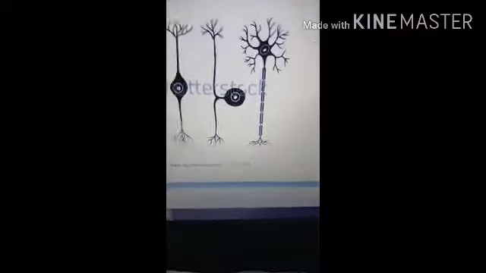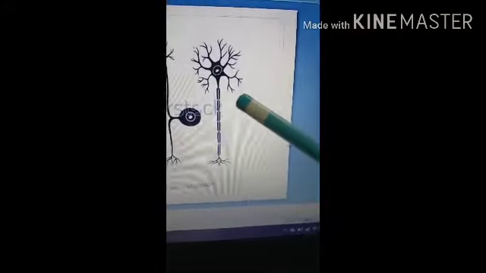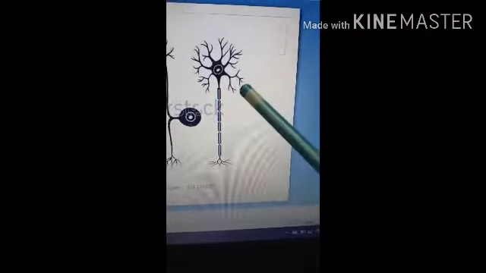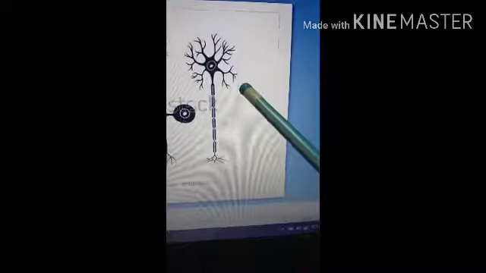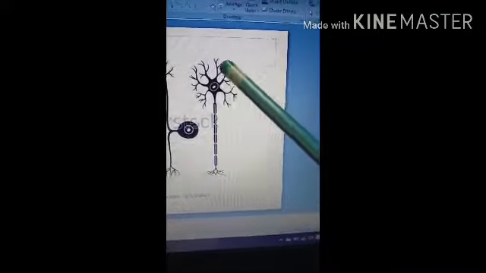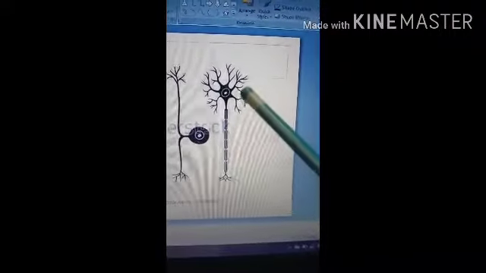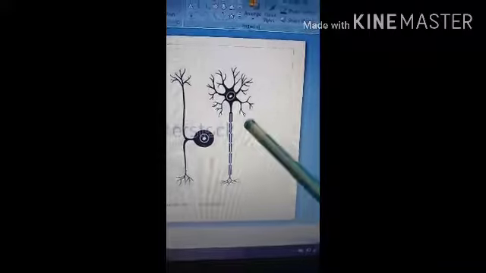The second type is called the Golgi type 2 neuron. It consists of a short axon and synapses with the neighboring neuron, and these are also seen in the cerebral cortex and the cerebellar cortex.